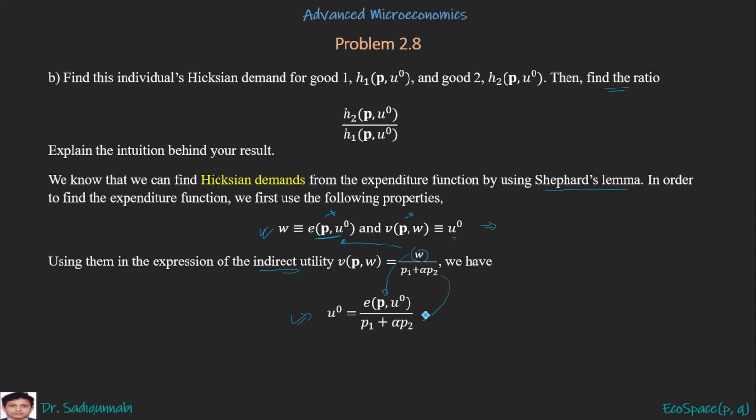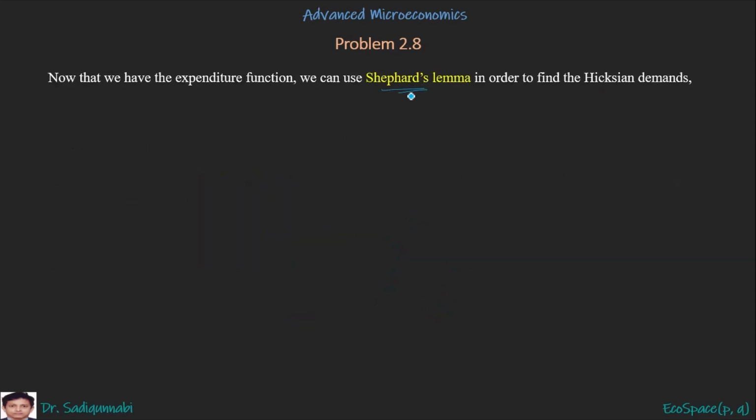Now we can use Shephard's lemma. What is Shephard's lemma? Shephard's lemma says that the Hicksian demand is equal to the first derivative of the expenditure function with respect to price.